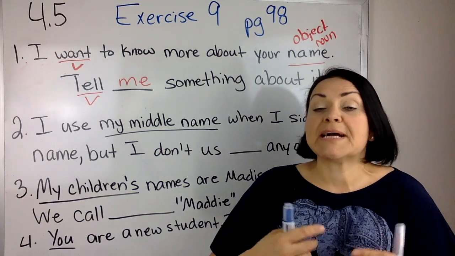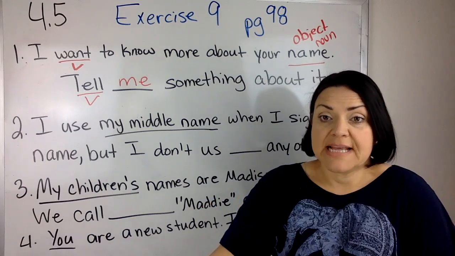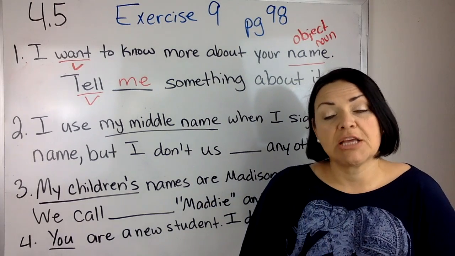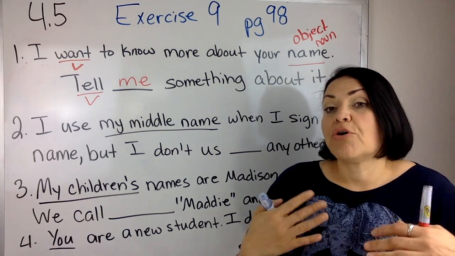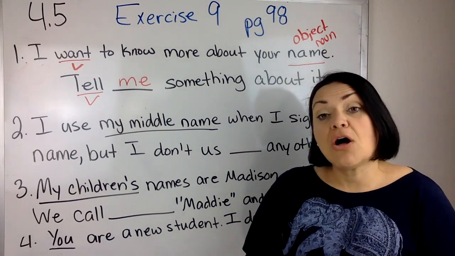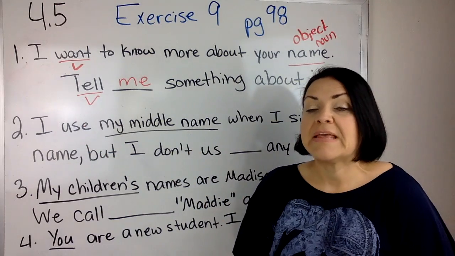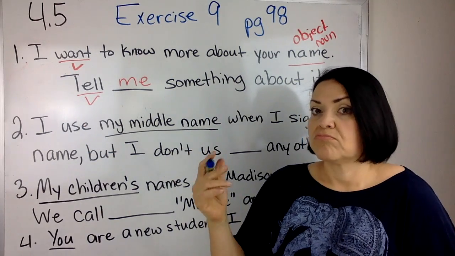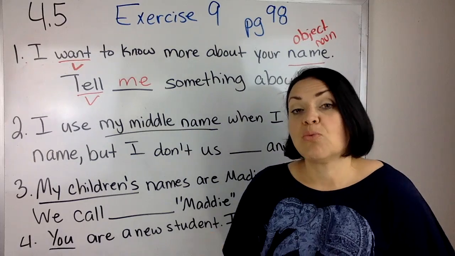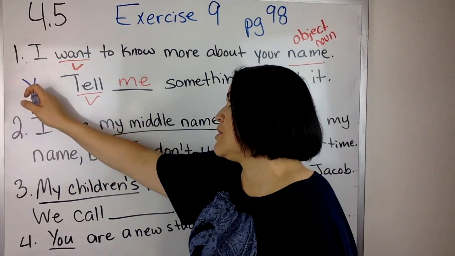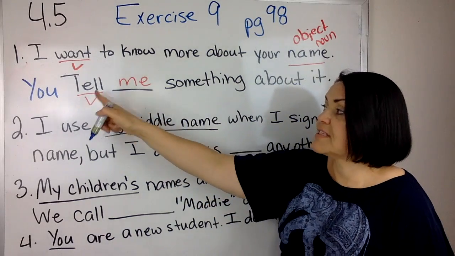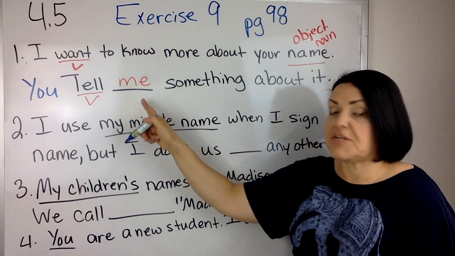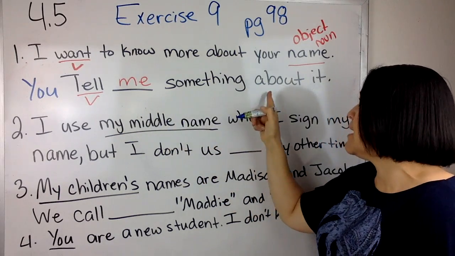When you are doing a command like sit down, stop talking, don't touch, those are all commands and they all start with a verb. In English, a long time ago, we would say, you tell me. So this comes after the verb. It's still the object. You tell me something about you.